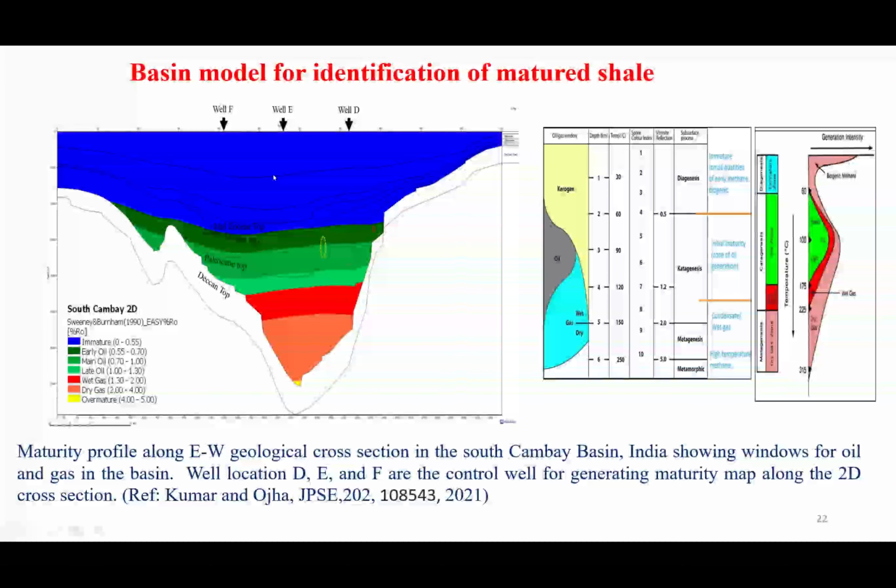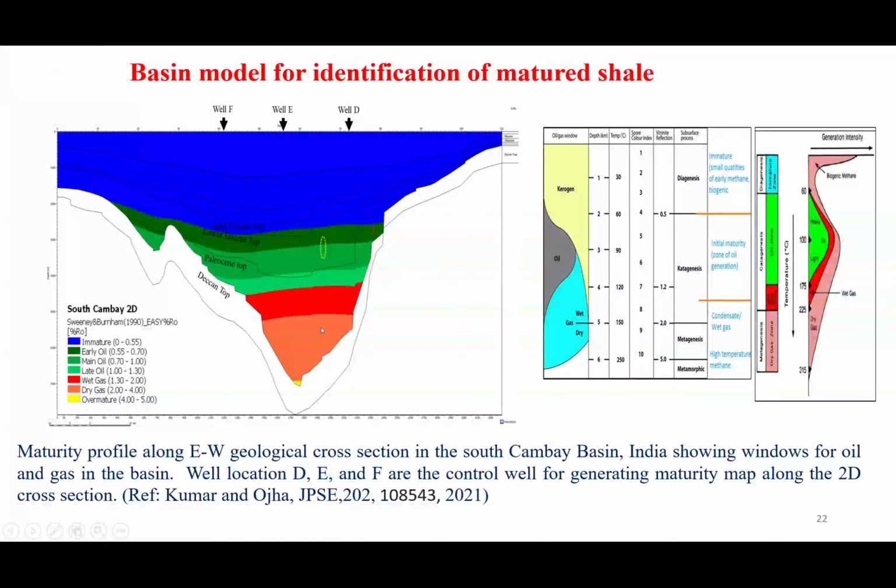So for the shale formation in Cambay, we have different layers from about 1700 to more than 3000 meters and below. There we can have large thick shale, but not all of it is matured enough. So how can you identify that?